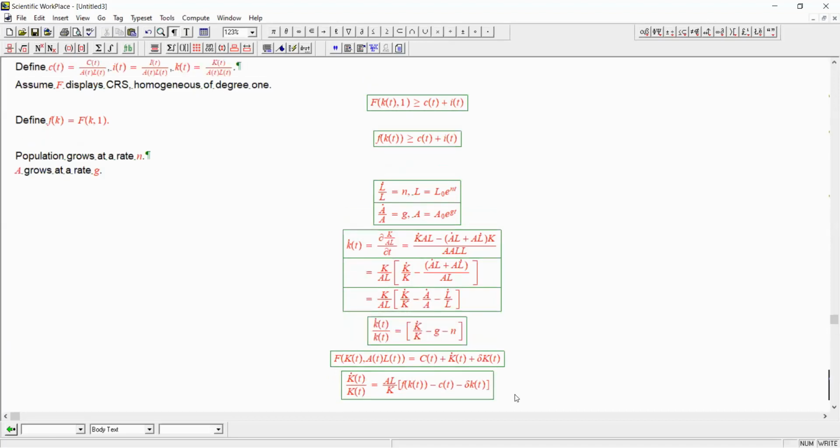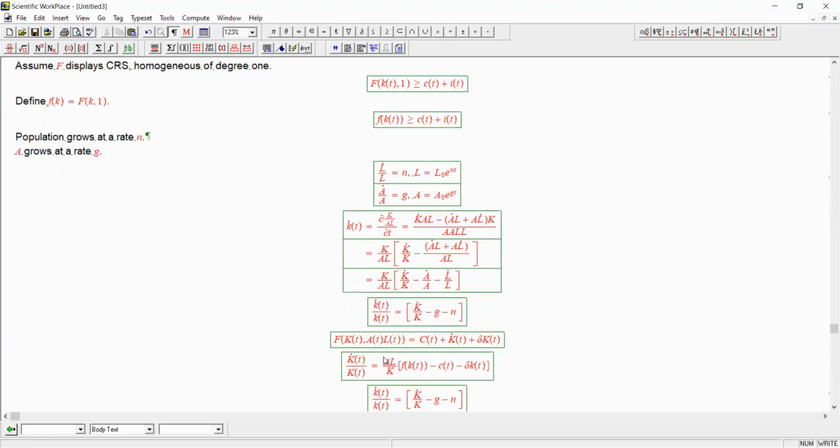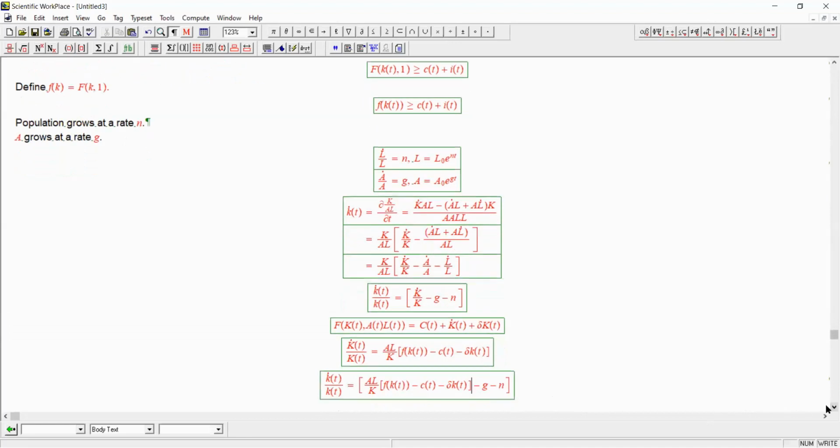Now we take this equation here and plug this in. Notice that this is just 1 over small k.